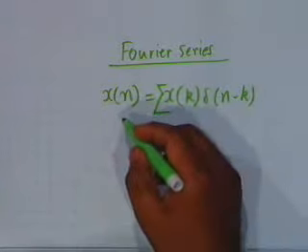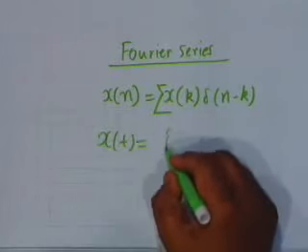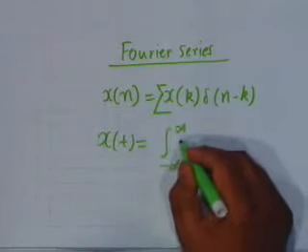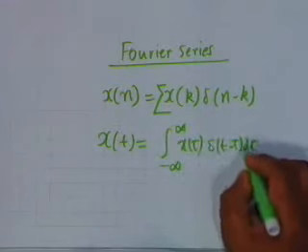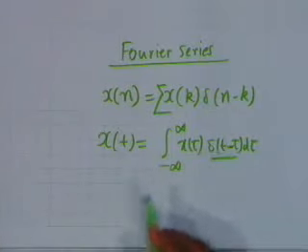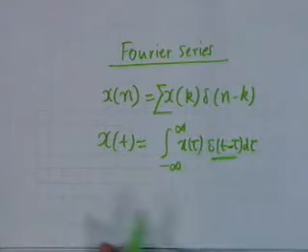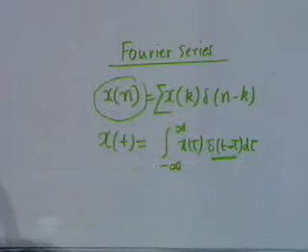In a similar manner, x of t can be written in terms of the integral of x of tau delta of t minus tau d tau. That is, any general signal can be written in terms of a unit impulse function. It is as if in this summation the signal x of n is being decomposed into a large number of signals and being superimposed on each other, and then we take linearity and time invariance to be able to analyze a system.